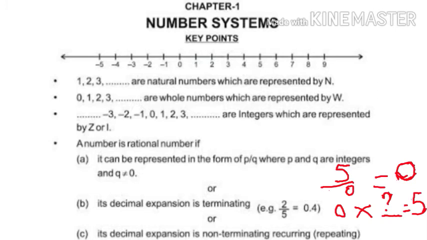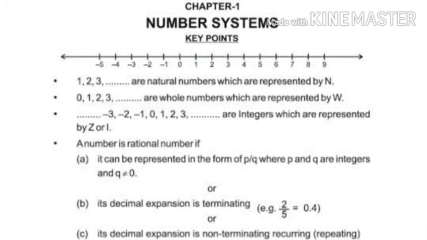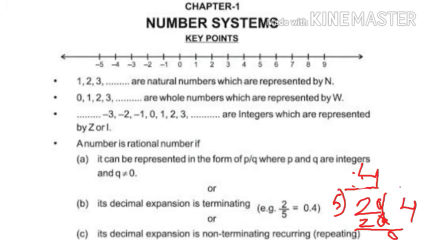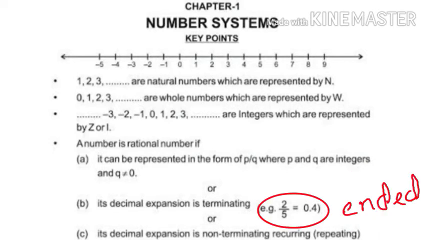Next, the decimal expansion is terminating. If the rational number, when you expand it into decimal form, suppose I take 2 by 5. Then see 2 is less than 5, so we have to put a decimal point. Now after the decimal, we'll put 4 and it comes 0.4. That is, it is terminating, it ended here. But if the decimal expansion is non-terminating and recurring or repeating, then what will happen?